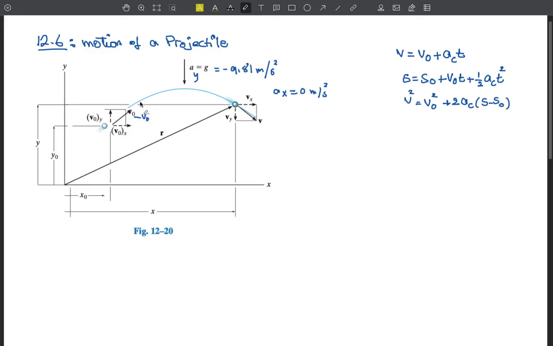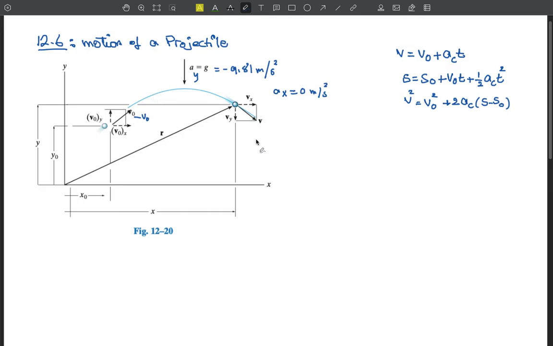It's true that we have this curve-like motion, so we used to solve these problems using the curvilinear motion, not the rectilinear. But now, at each point here, you can break it down into x and y components, which means that we have straight line motions both in the x direction and in the y direction.